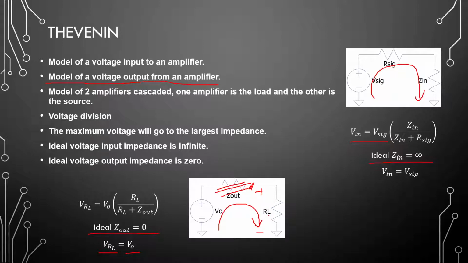So combining those two concepts, you can actually build a perfect voltage amplifier. Right. So whenever we have to deal with voltage on in or out, we are looking at voltage dividers like this.